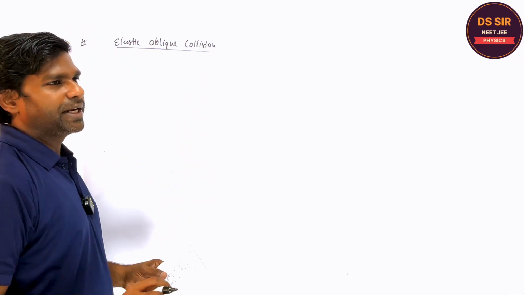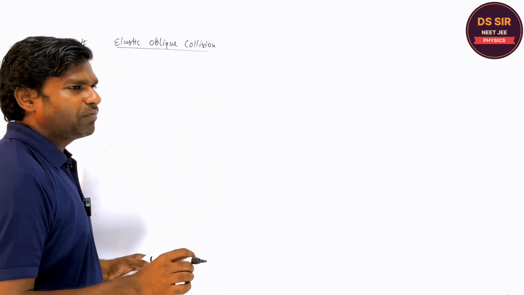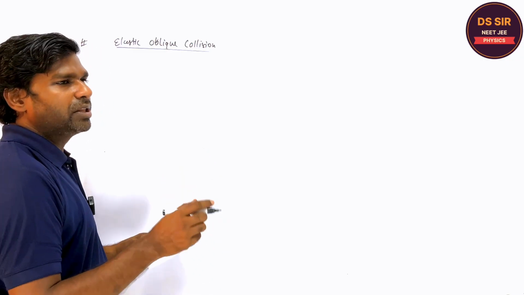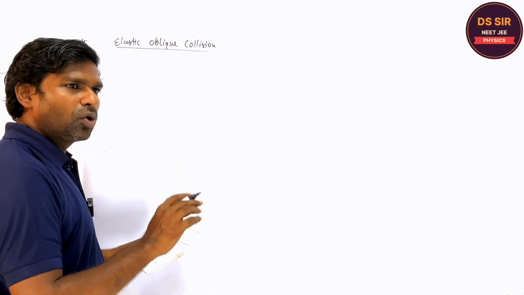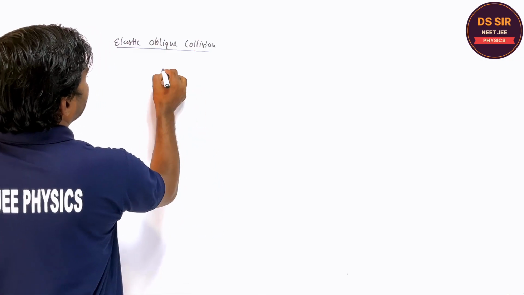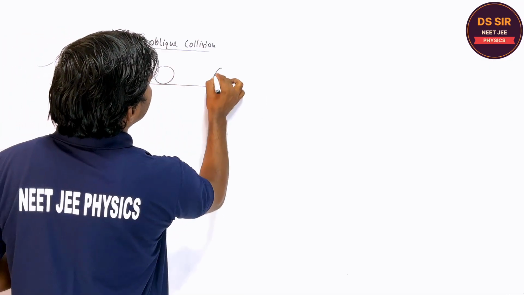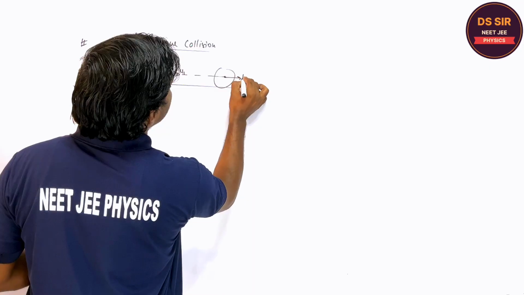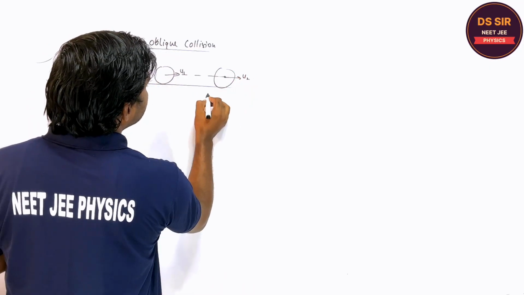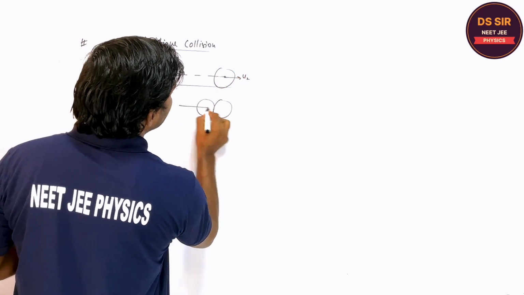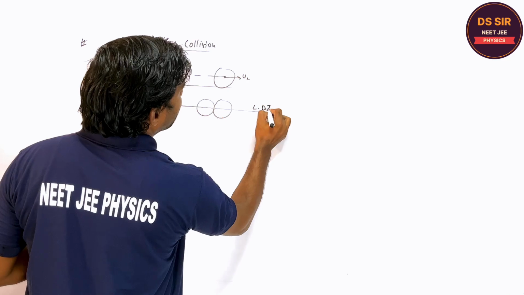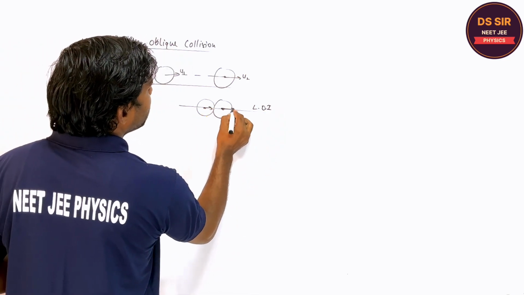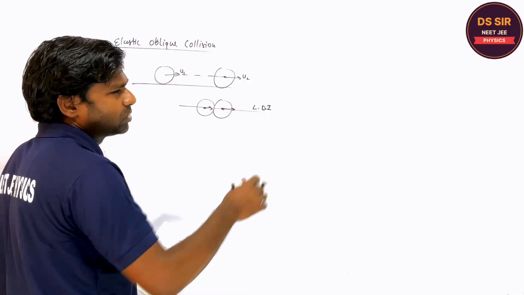No loss of kinetic energy, and the velocities are not along the line of impact. In the head-on collision, these are the velocities like this. So when they touch each other, they collide. So this is the line of impact or line of common normal, you can say, and the velocities before and after collision are along this line.